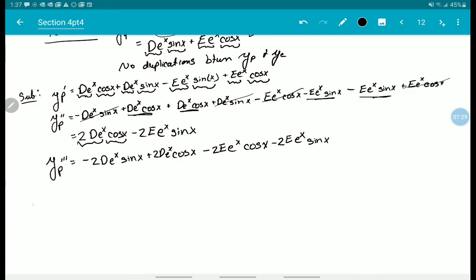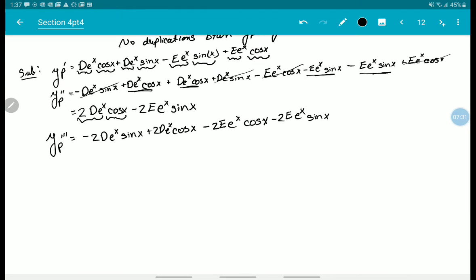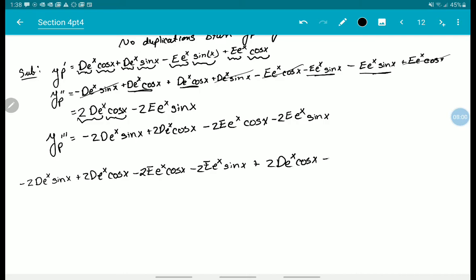So now we can substitute everything into our differential equation. So we had y triple prime plus y double prime, and that's equal to e to the x times cosine of x.